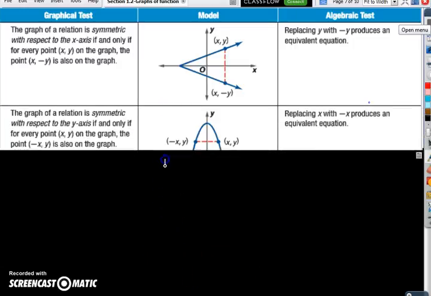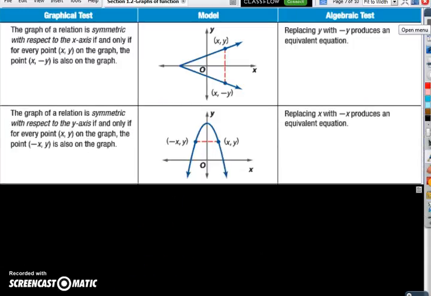Now, an easier one to see for us is something symmetric about the y-axis. See how it's symmetrical? If I drew a line right here, the graph would mirror itself on either side. Replacing x with a negative x produces an equivalent equation. An example being y equals x squared, or f of x equals x squared.